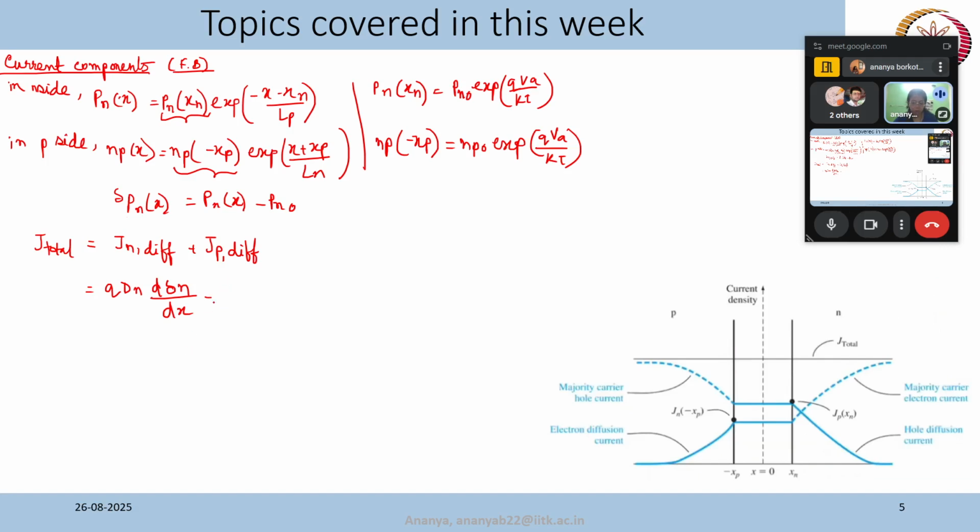And for holes, we know that this is the negative sign, because if the concentration gradient is in this direction, holes will diffuse in this direction. Holes, or any carriers, diffuse from higher concentration to lower concentration, and because of that this negative sign comes.